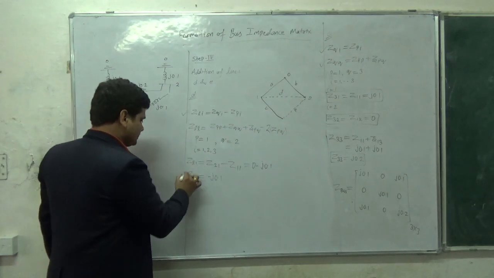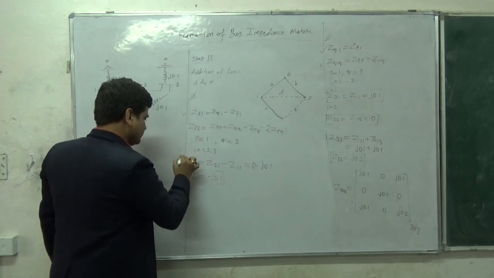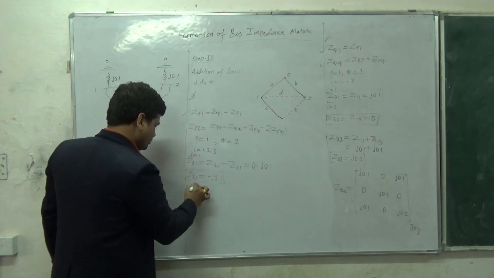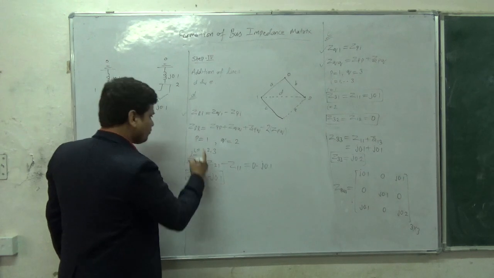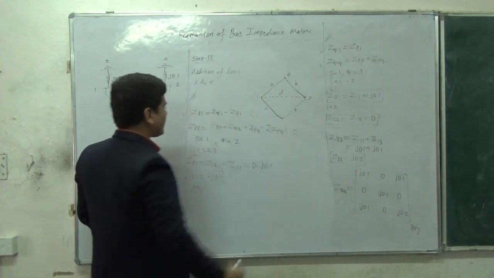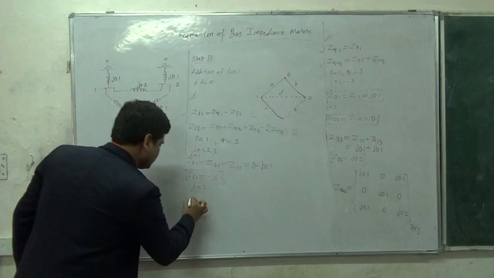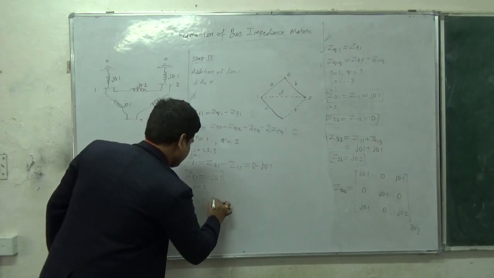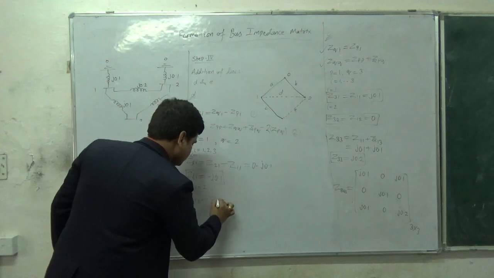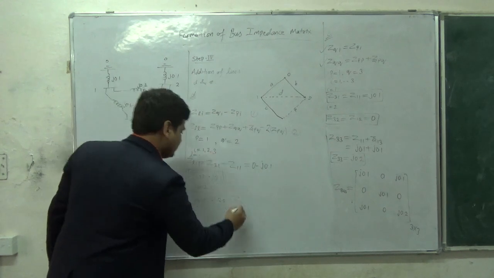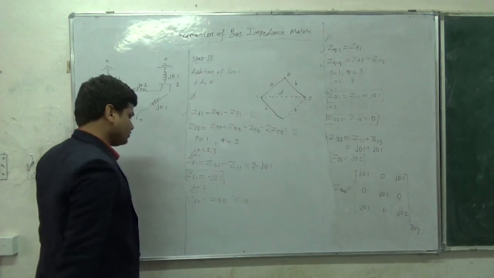Now put I is equal to 2 in formula number 1. ZL2 is ZQ, 2, I is 2, minus ZP, 1, I is 2.